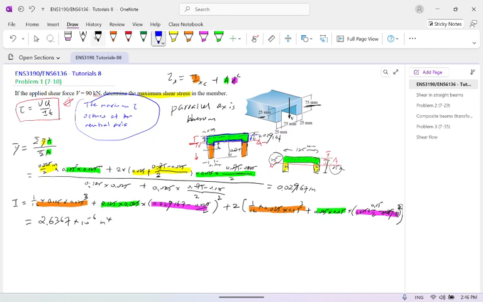So that's why for here, we can work out the Q max using the bottom two rectangles.